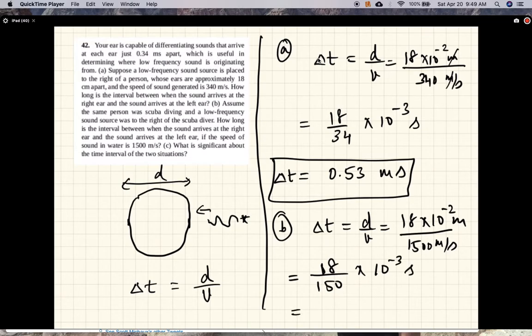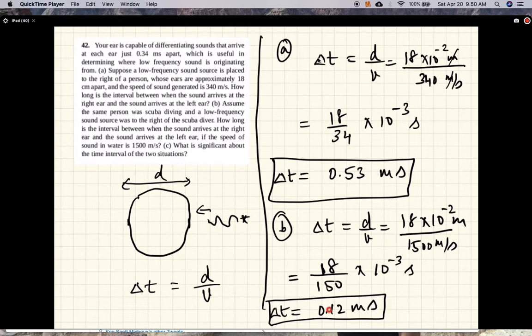and you can see it's 0.12 milliseconds. Okay. So underwater, the time difference is not large enough for you to be able to tell the direction from which the sound is coming.